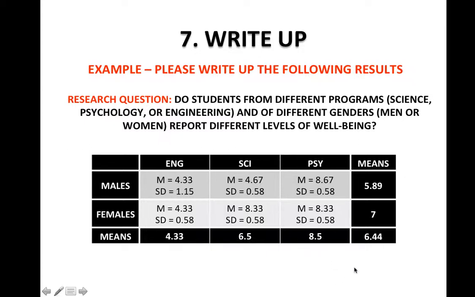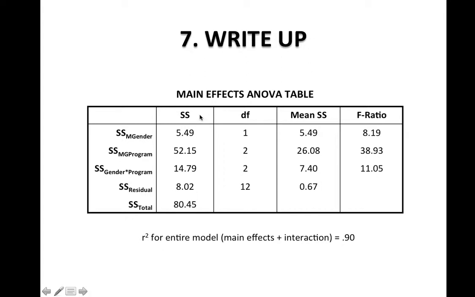So that's the case of a non-significant interaction, but in this current example, since it's an example of a significant interaction, we're concerned with the means of all the individual cells. These were the results that we obtained from that analysis. For the main effect of gender, we had an F of 8.19.